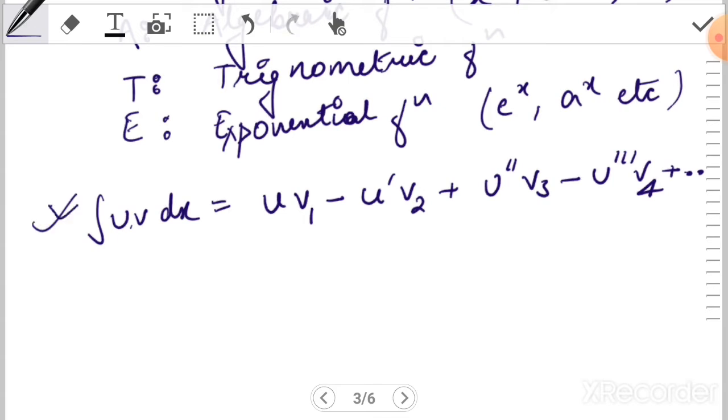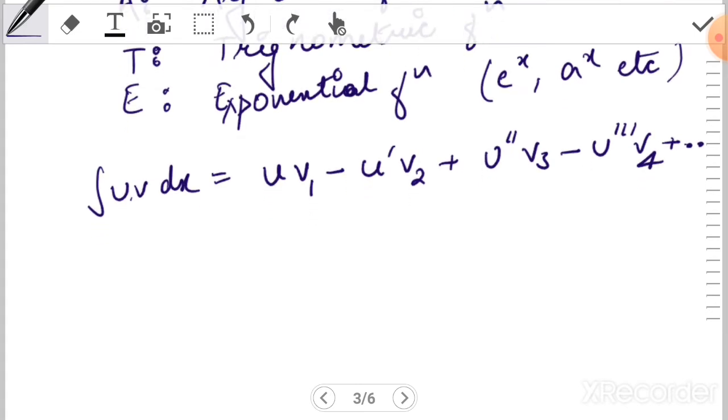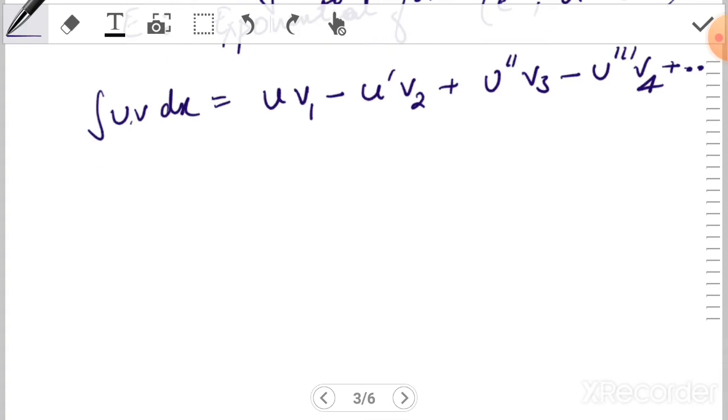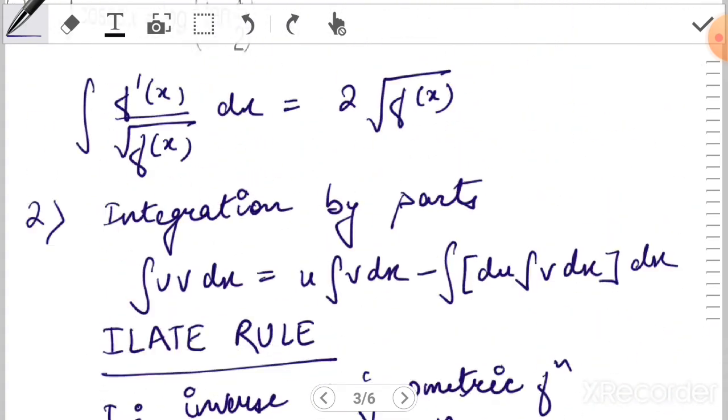This is quite useful in Fourier series, solving Fourier series problems, finding the series. Next is integration using trigonometric identities.